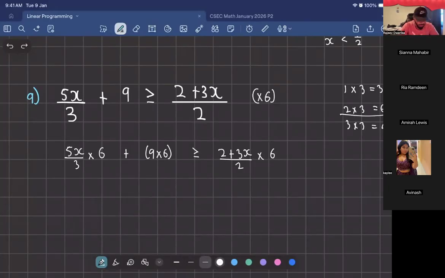Avinash, it's just fractions we're dealing with, right? So 3 into 3 is, 3 can go into 3 one time, right? And 3 into 6 is 2. So you're going to end up with 5x multiplied by what?